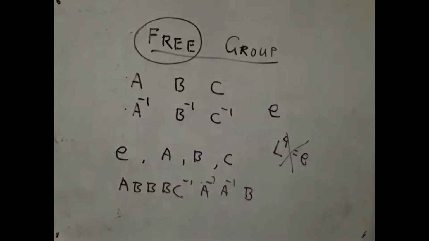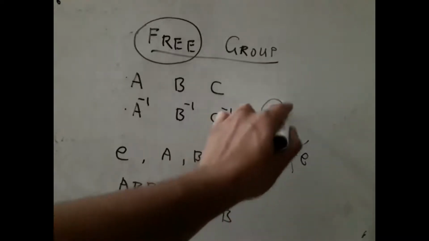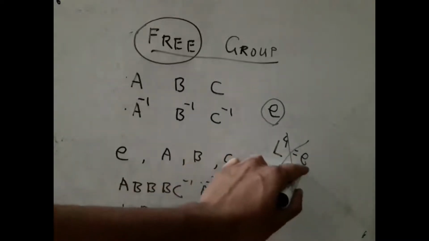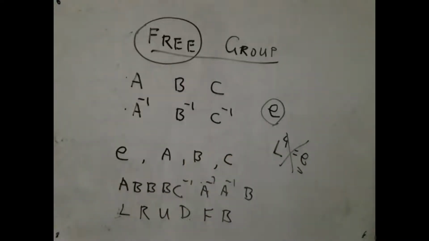We started out with the symbols L, R, U, D, F and B and their inverses together with doing nothing, that is E, and we just had all such strings, but with the added restriction that anything to the power 4 will be the identity, and also certain other relationships that are determined by the geometry of the Rubik's Cube. So you start with the free group and put certain restrictions to arrive at the particular group that you want.